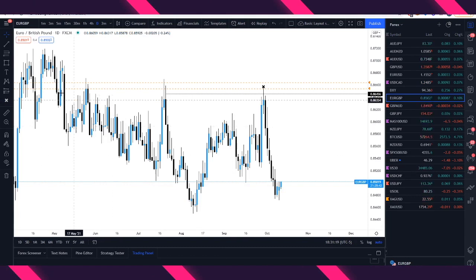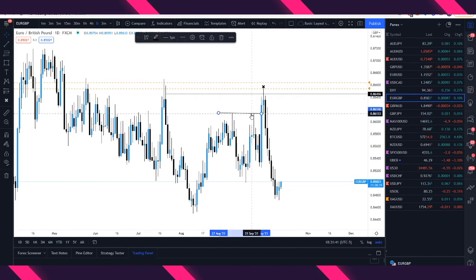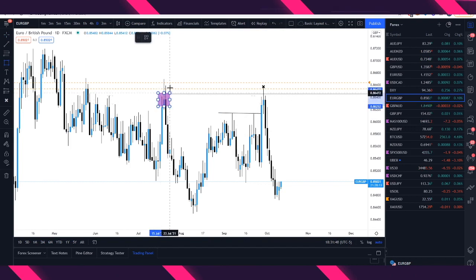Okay, so this is the area right up in here, and what really alerted me to focus in on shorts for EURGBP was this fast movement higher, the relative equal lows here, and this daily candle.